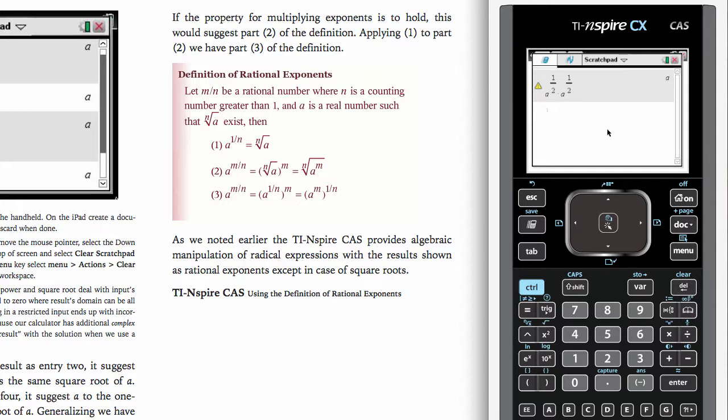So let's take -4 and raise it to the 1/2 power. Move down.